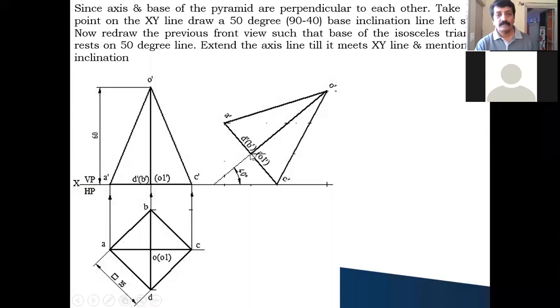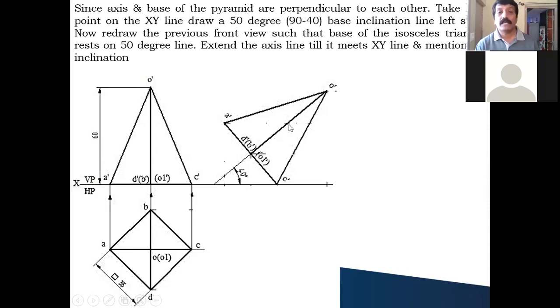After that, from this point you draw a 90 degree line, a perpendicular line, to this 50 degree base line. On this perpendicular line you take the axis size 60, cut this, and you will get the apex point or vertex point O dash. Now you join it like this without changing anything. You need to redraw this triangle such that the base comes on this 50 degree line.